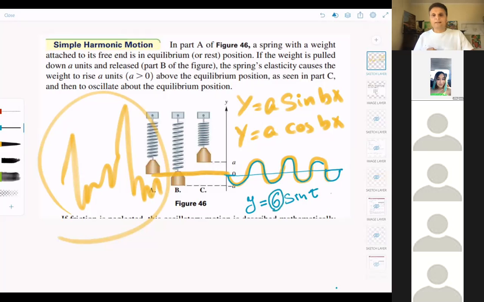It will be 6, correct? Same as before, 6 is the amplitude. If it's asked what the period is, the period will be 2 pi because B is 1 here. So it's the same story as what we learned about sine and cosine. Amplitude is the absolute value of A. Period is 2 pi over B.